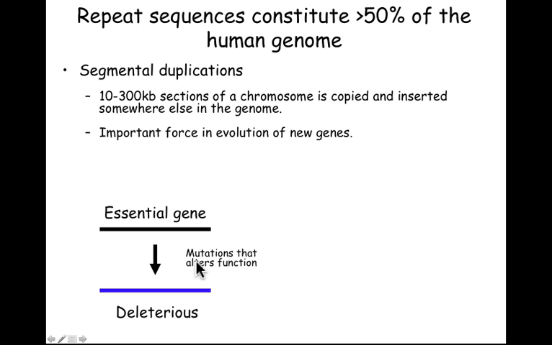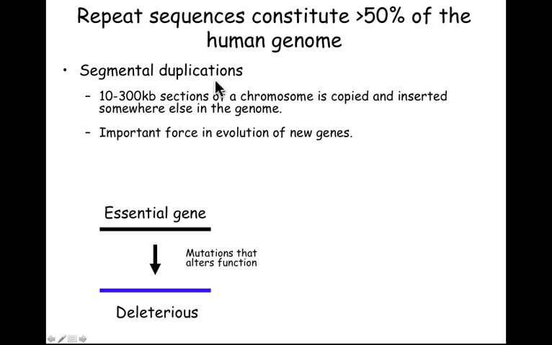The problem with this sort of evolution is that if the gene you're starting with is an essential gene that has an essential function that you can't live without, then mutations which would give it a new function can often be deleterious or even lethal, because you've lost the function of that essential gene to begin with. So you can't go mutating this copy of the gene to make a new gene without having bad effects from losing the original function of this gene.